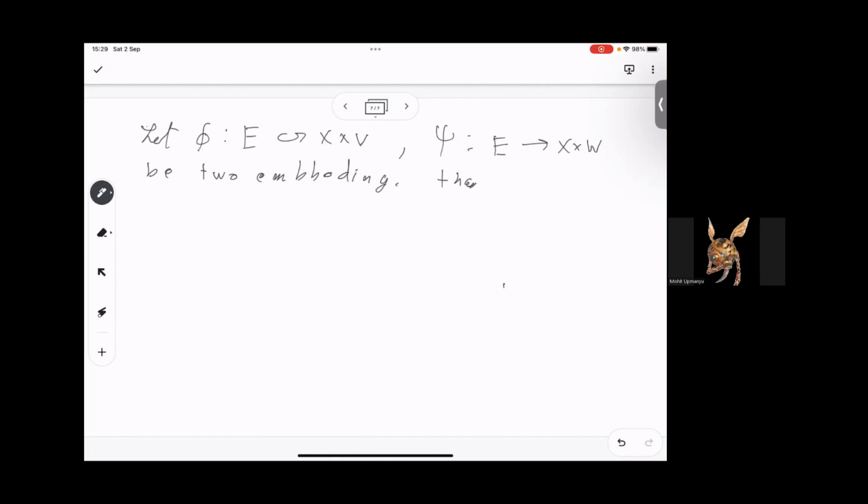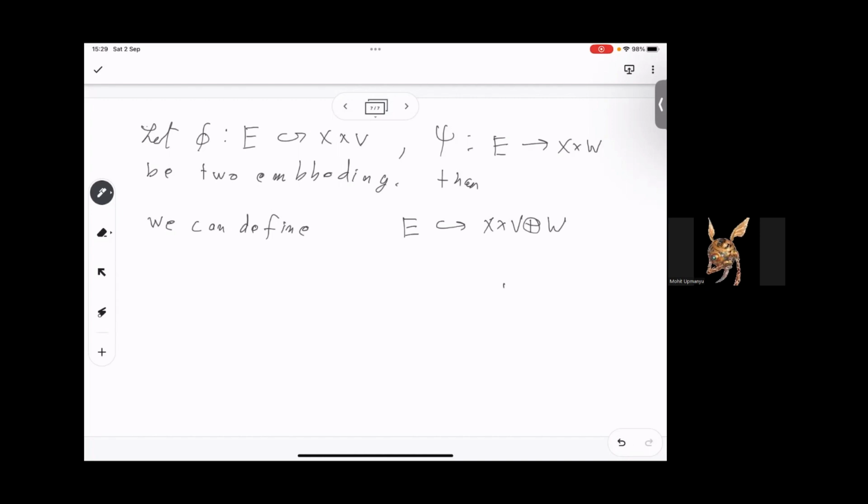Then we can define the following embedding. Okay, so this is a nice trick. So we could obviously embed E inside X cross V direct sum W. But this embedding comes in several ways.